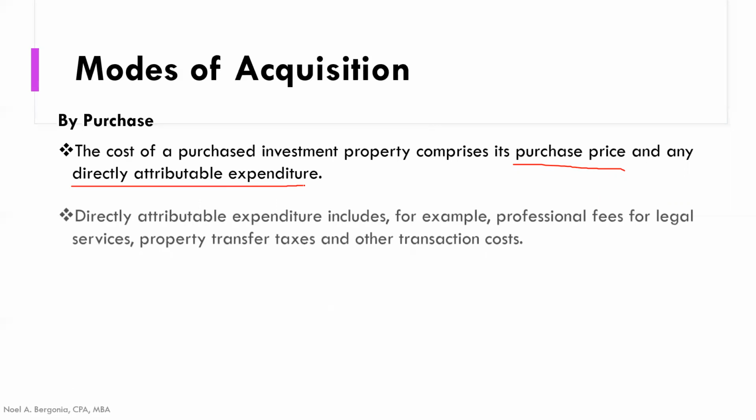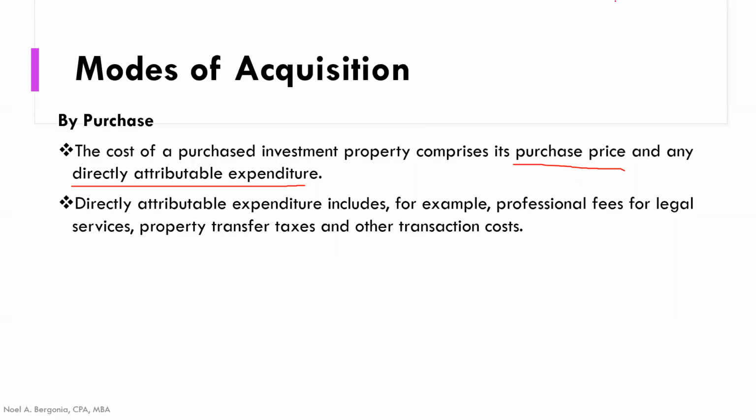So these directly attributable expenditures include, okay, professional fees for legal services, property transfer taxes, and other transaction costs pa po. Okay, so you can have broker's commissions, okay, ano pa, the cost of clearing just in case, okay, and the likes. Okay, so these are the costs that increase our investment property.